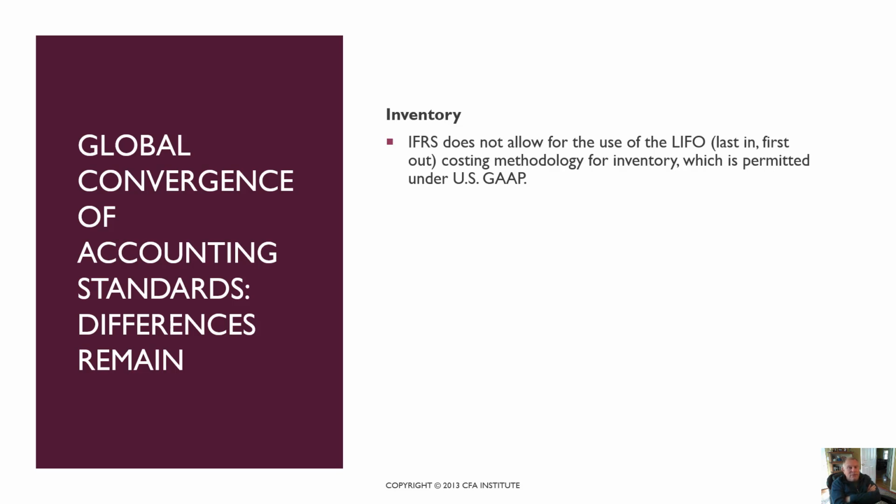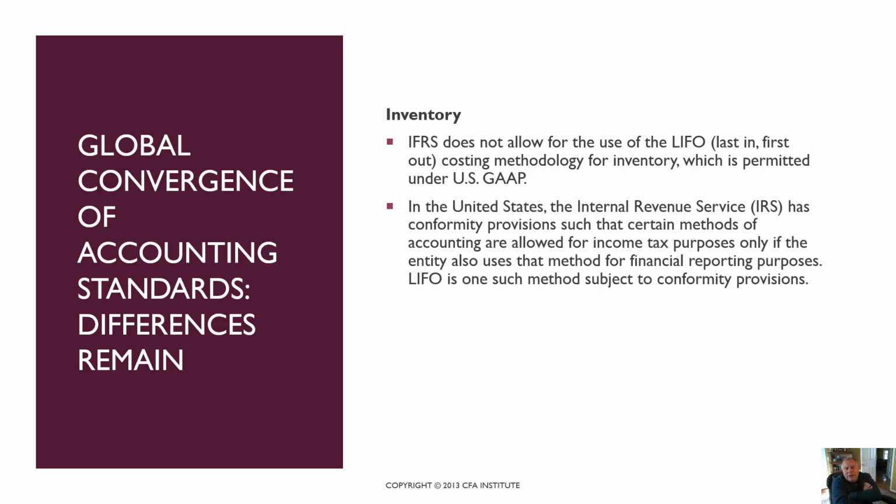Okay? This methodology is permitted under US GAAP only. IFRS doesn't allow for that. And a lot of this came back to the taxing authorities, the IRS, permitted LIFO, and it might have had a place a number of years ago, but it often was the case you use LIFO so that you could create a higher cost of goods sold, lower taxable income.